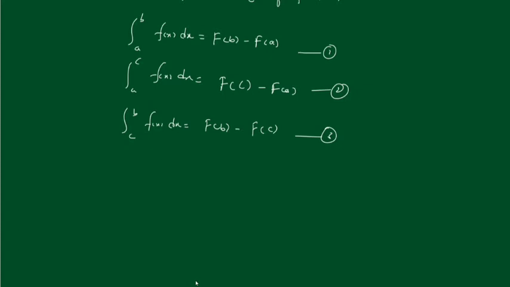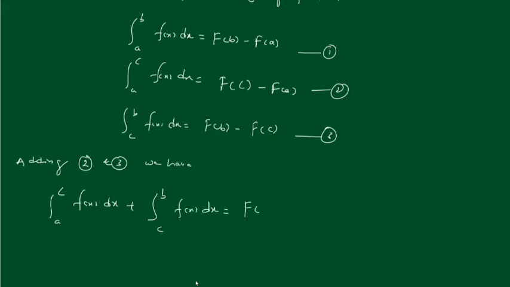So adding equations 2 and 3, we have integration a to c of f of x dx plus integration c to b of f of x dx equals F of b minus F of c plus F of c minus F of a. F of c and minus F of c get cancelled.